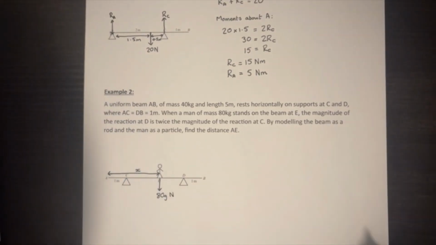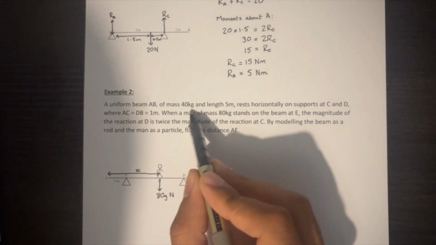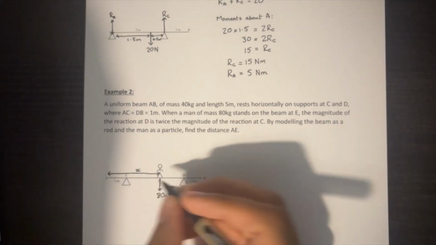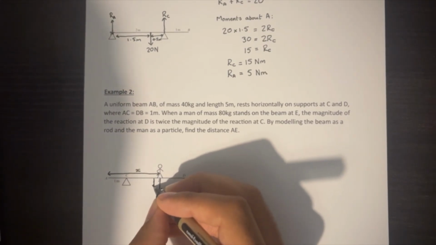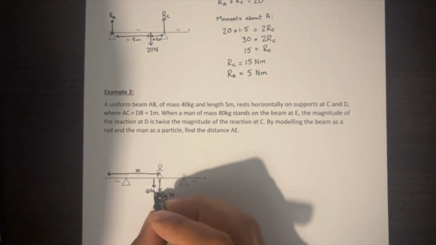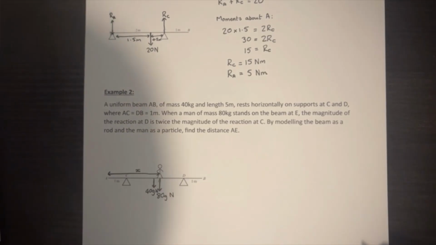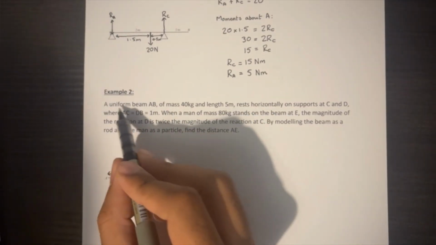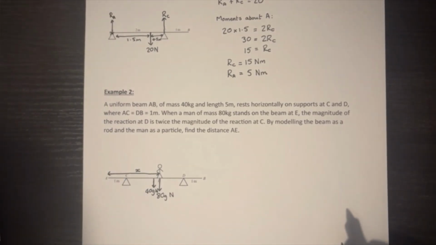We also have the mass of the beam, which was 40 kilograms. I'll just take the center to be somewhere here. We've got a weight of 40g newtons there, and since the beam is uniform, the weight will act at the center of mass.